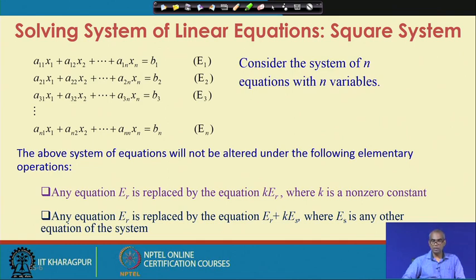You have to multiply that equation by any non-zero constant and the equation can be replaced by a multiple of that equation. Second elementary operation: any equation can be replaced by a sum of that equation and a multiple of any other equation.